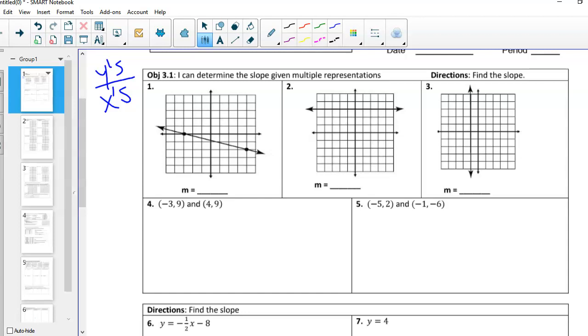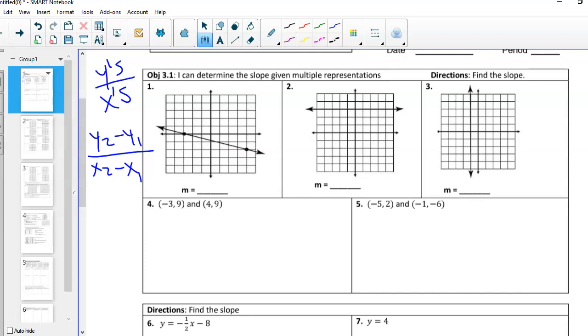If you're doing it in this format, and you can do that here too, it's y2 minus y1 over x2 minus x1. So you have to have your y's in your numerator, your x's in your denominator. Doesn't matter if you switch these two as long as you switch both. So whatever number it is, it should match the x's in this column.